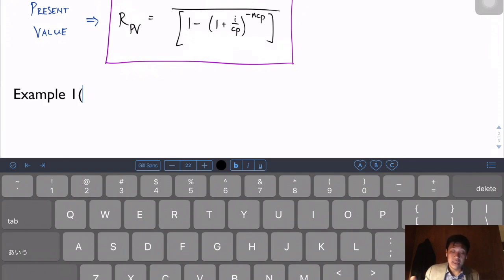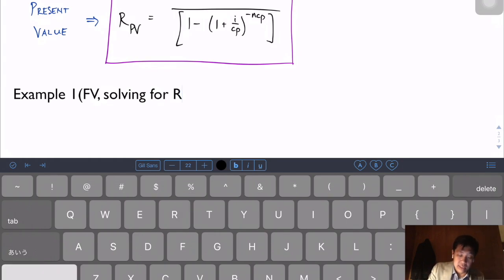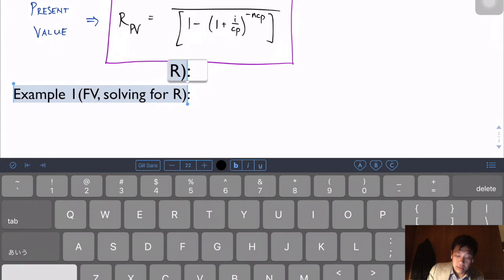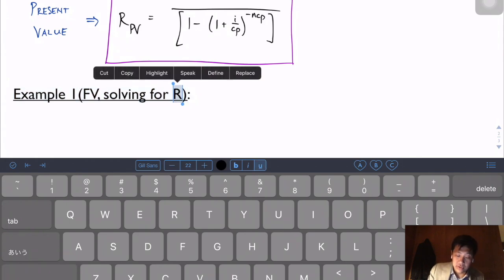Again, these notes are going to establish what type of problem it is for learning purposes. However, when practicing, you'll see that there won't be any hints other than the context of the problem. In other words, example 1 here will be a future value problem and then solving for R. So again, that's what I'm talking about in the sense that it's not going to be given to you. So R and a future value.